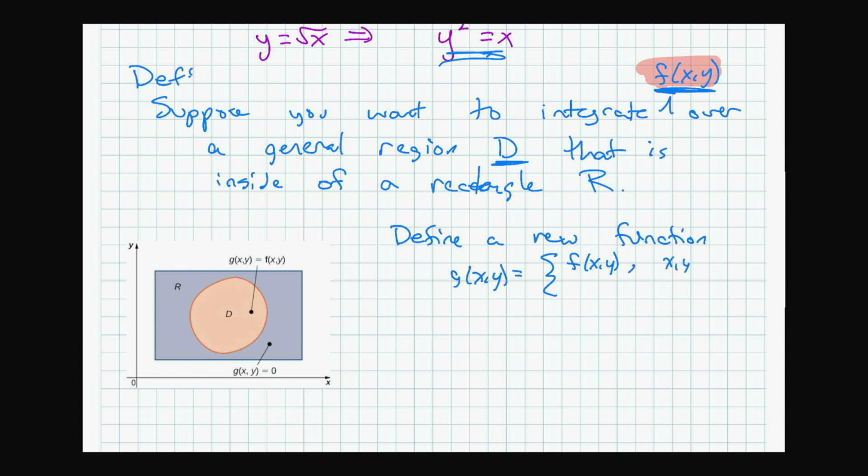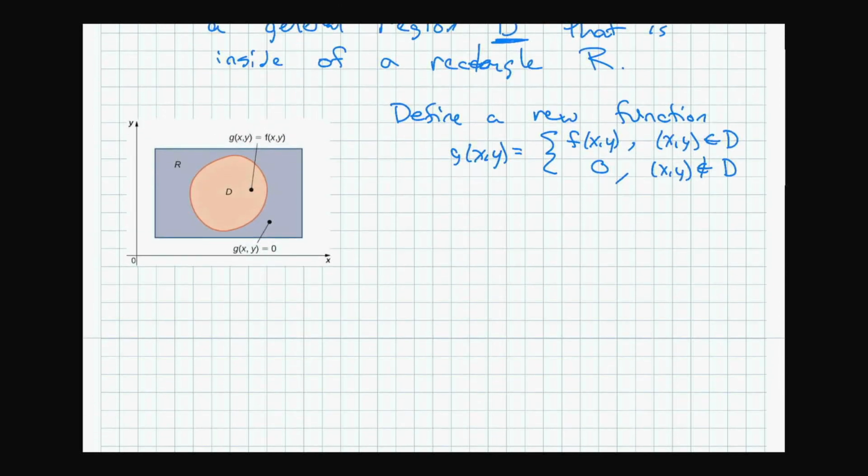whenever the x, y is in D. And it's equal to 0 whenever x, y is not in D. And the idea then is if you integrate over the rectangle of g of x, y, so you're integrating over the entire rectangle. Now we know how to integrate over a rectangle, right? Because that's what we learned how to do in the previous section.